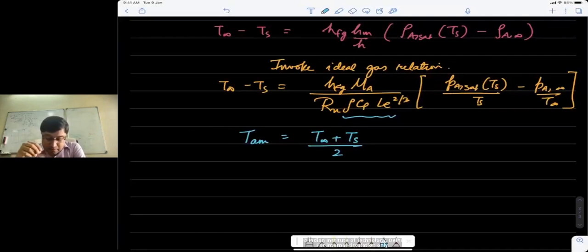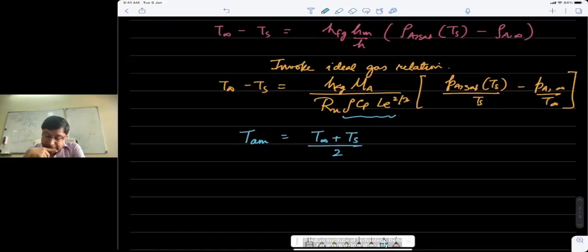Otherwise, if you assume it at T infinity, you know that the gas is also in touch with a surface which is at Ts. So locally it has properties corresponding to Ts. Across the boundary layer, we take the approximate temperature, the mean temperature, to be able to do this analysis.